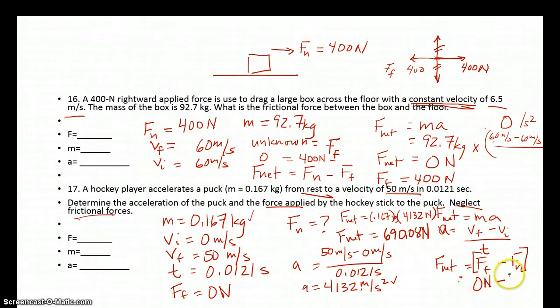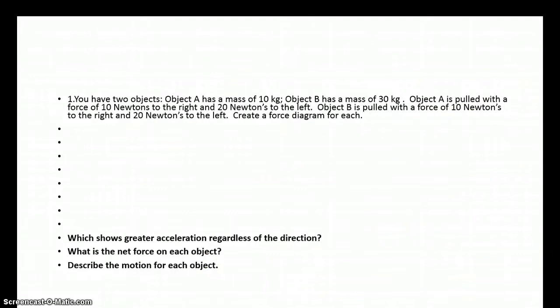That means that my net force over here is 690 newtons, about that. So what does my normal force have to be? Well, my normal force has to be that minus 0, so 690 newtons, because 690 minus 0 will equal 690. There's my answer.